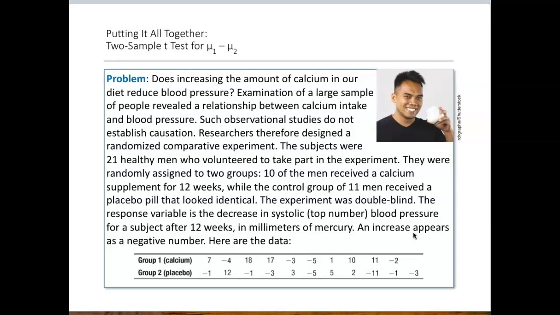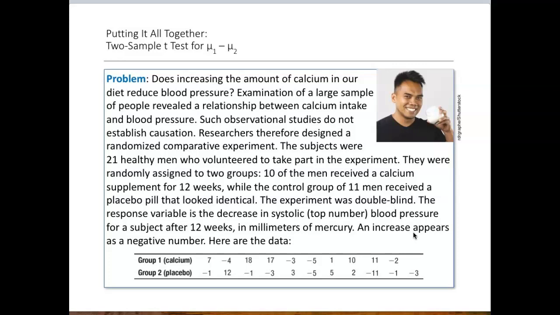All right, so does increasing the amount of calcium in our diet reduce blood pressure? Examination of a large sample of people revealed a relationship between calcium intake and blood pressure. Such observational studies do not establish causation. Researchers therefore designed a randomized comparative experiment.